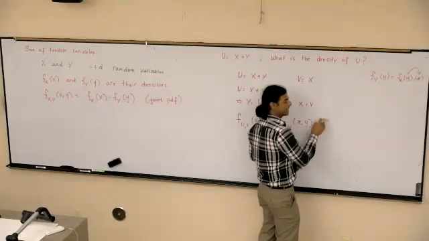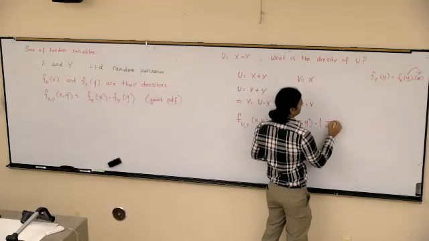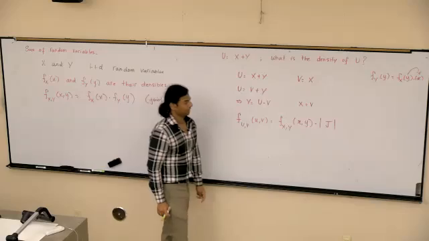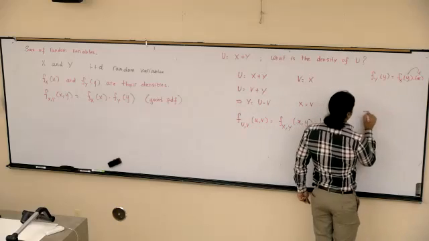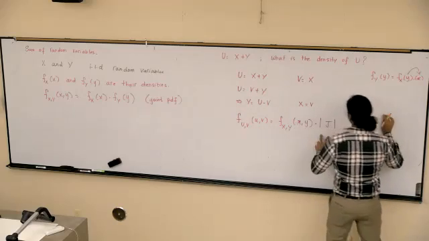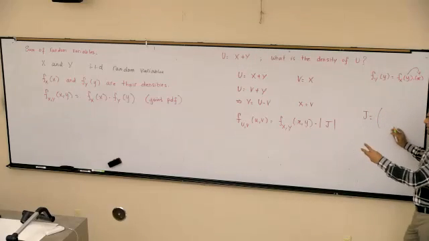So you've got to take the absolute value of the determinant of the Jacobian. So that's the absolute value. The Jacobian is itself a determinant, correct?